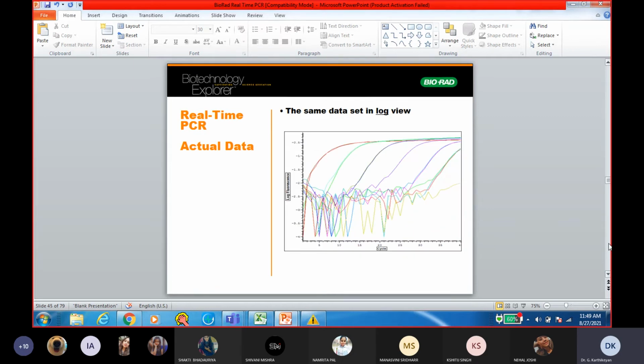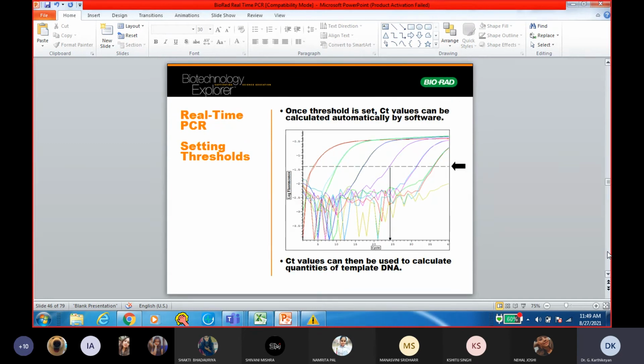If you transform this data into a logarithmic view, then you will see a graph somewhat like this. This is the actual data in the logarithmic view. This is all the background noise. There are 96 reactions going on, so you have a huge background.